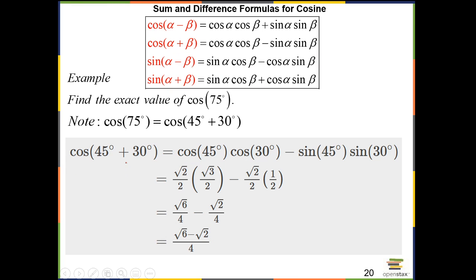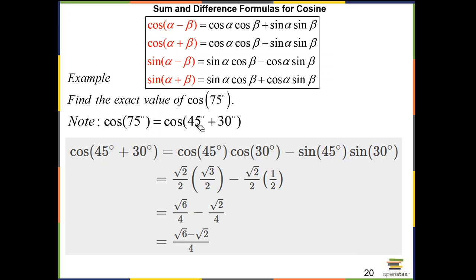All right, so here is another example. Find the exact value of cosine 75. Of course, we don't do this anymore unless we want to simplify expressions. But these formulas were used to find values of angles that were a sum or difference of angles whose values we knew.